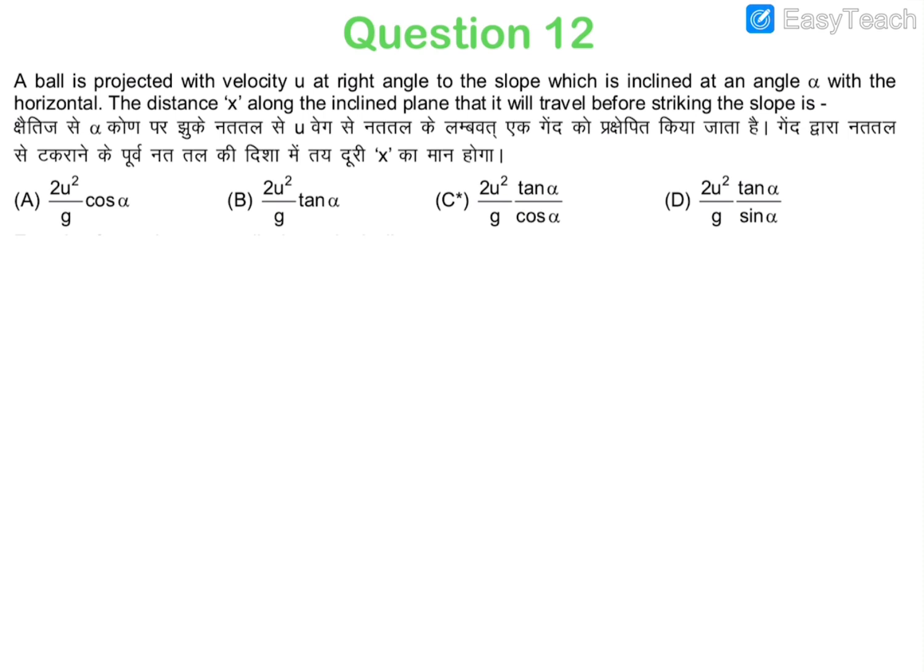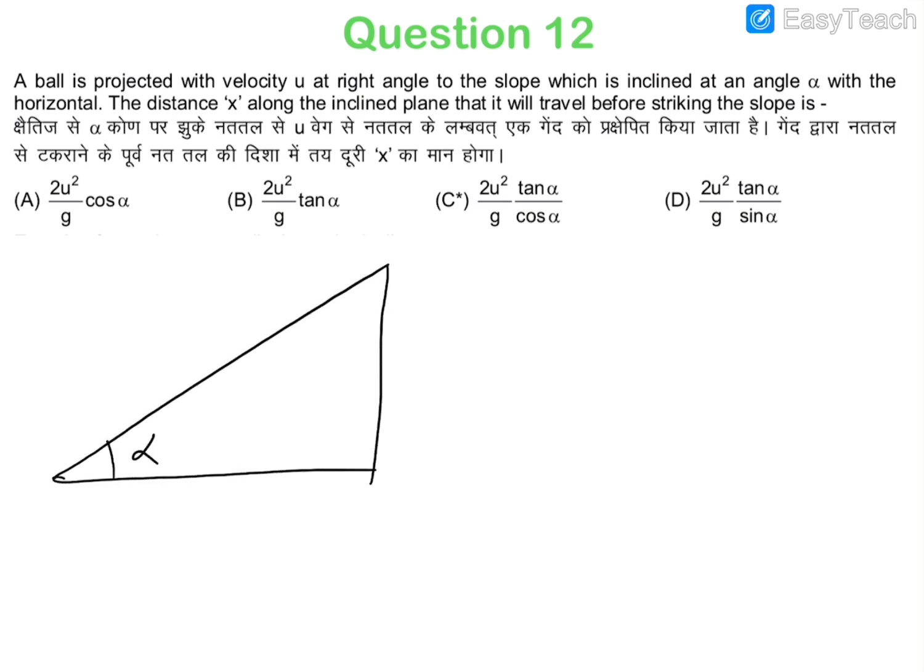We can easily see that this is the inclined plane and this angle is alpha, and a ball is projected with such a velocity u such that it is at 90 degree from the inclined plane.